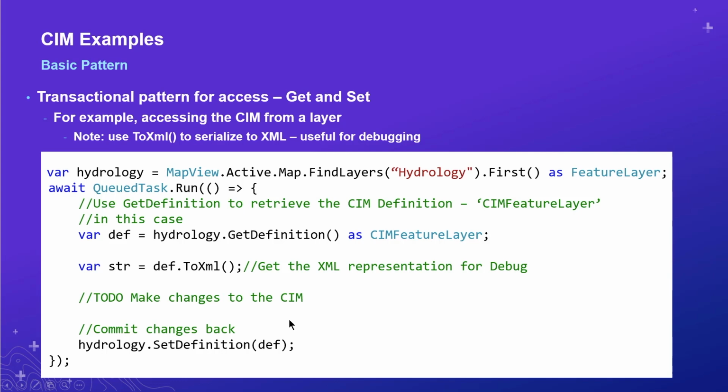In this particular code snippet, I'm not making any changes, and then I apply my changes back to the hydrology layer using the SetDefinition method. Note here how I use the ToXml instance method. Here I serialize the CIM representation into this string variable. This will allow me to analyze the CIM structure of the layer, which we will see in the demo coming up.